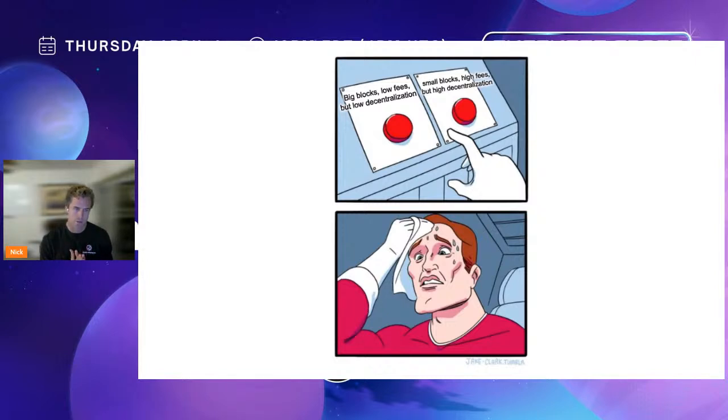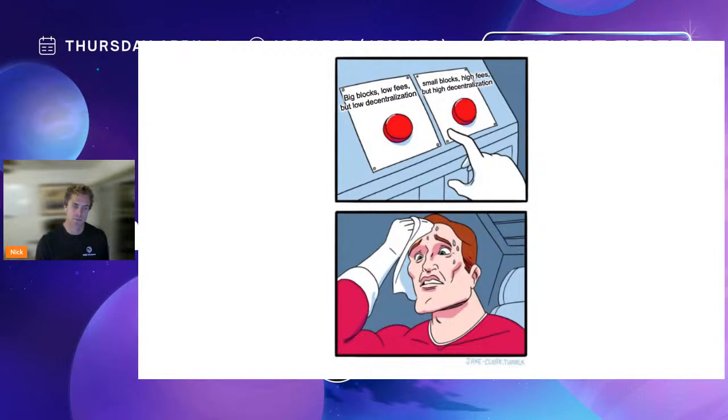You have this trade-off between big blocks and small blocks. You increase the block size, and then you can keep the fees low and have more throughput, but you lose decentralization because fewer and fewer people are able to verify and participate on an even footing on the network. Or you keep the blocks small and accept that you're going to have high fees, but the good thing is that you have really high decentralization.